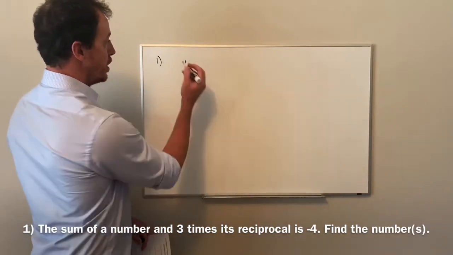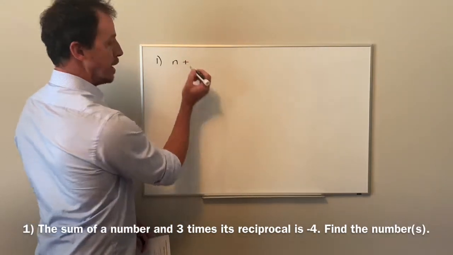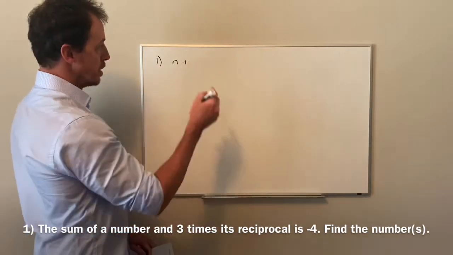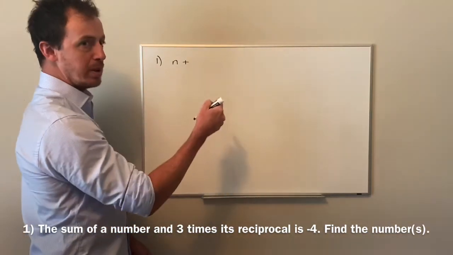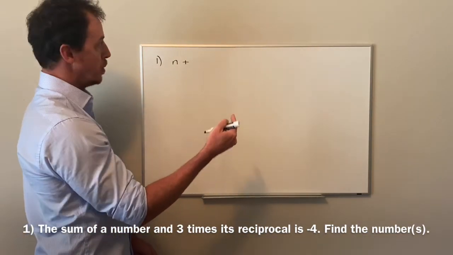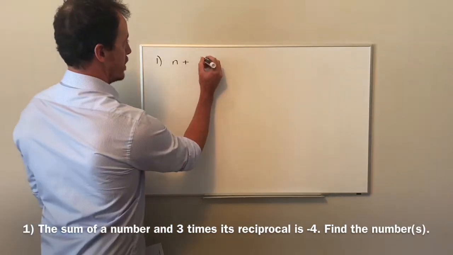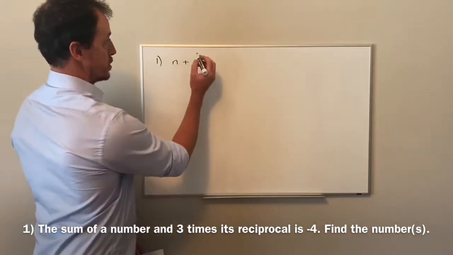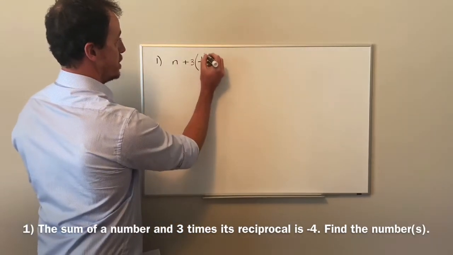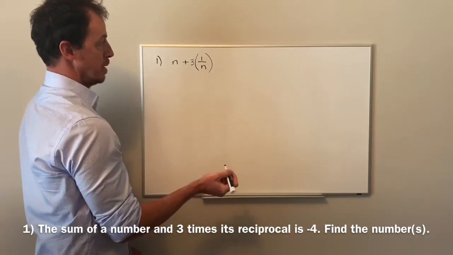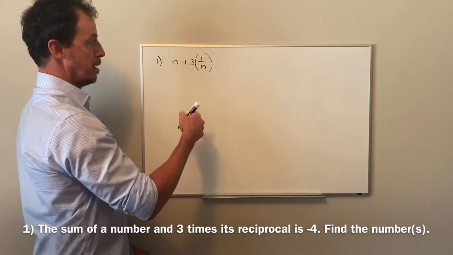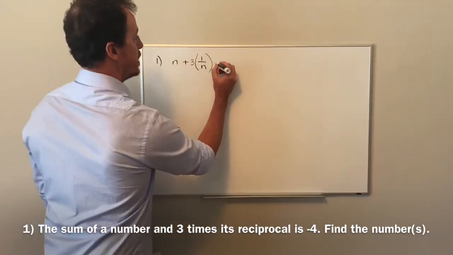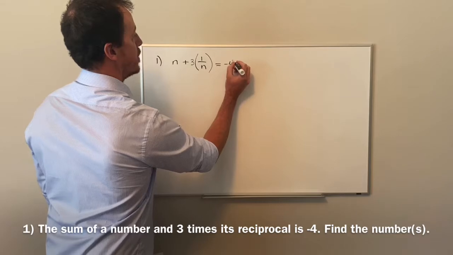The sum of a number, we'll just call it n or x or whatever you want to call it. The sum of a number and 3 times its reciprocal. Well, the reciprocal of n is 1 over n. And so 3 times its reciprocal would just be 3 times that. And so it says the sum of a number and 3 times its reciprocal is -4.